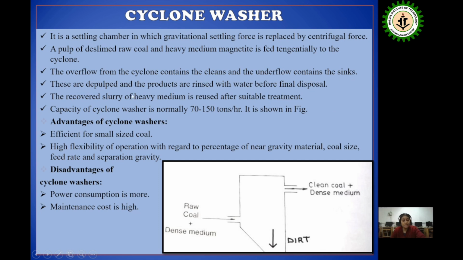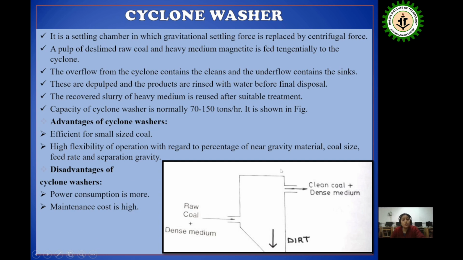These are depulped and the products are rinsed with water before final disposal. The recovered slurry of heavy medium is reused after suitable treatment. The capacity of the cyclone washer is normally 70 to 150 ton per hour. And the schematic diagram has been shown in a figure.